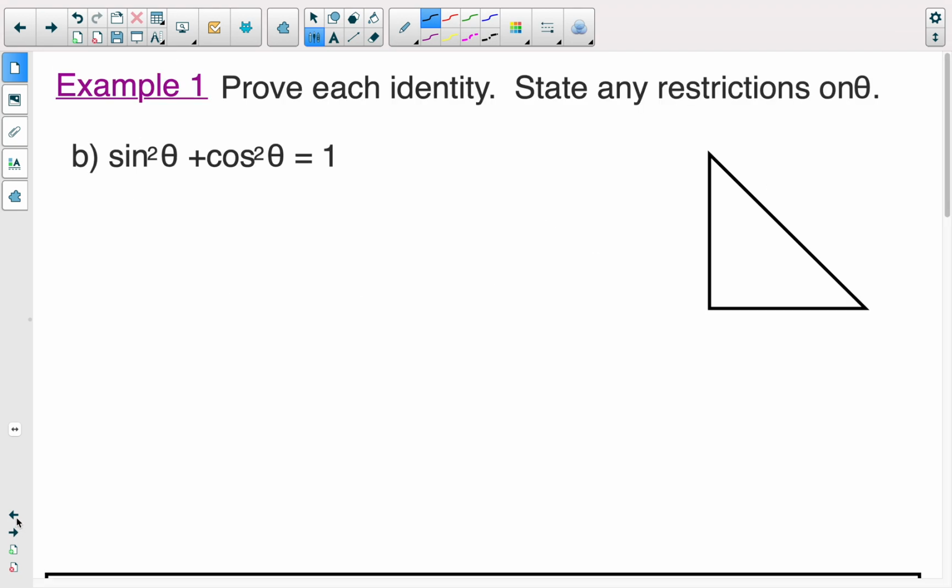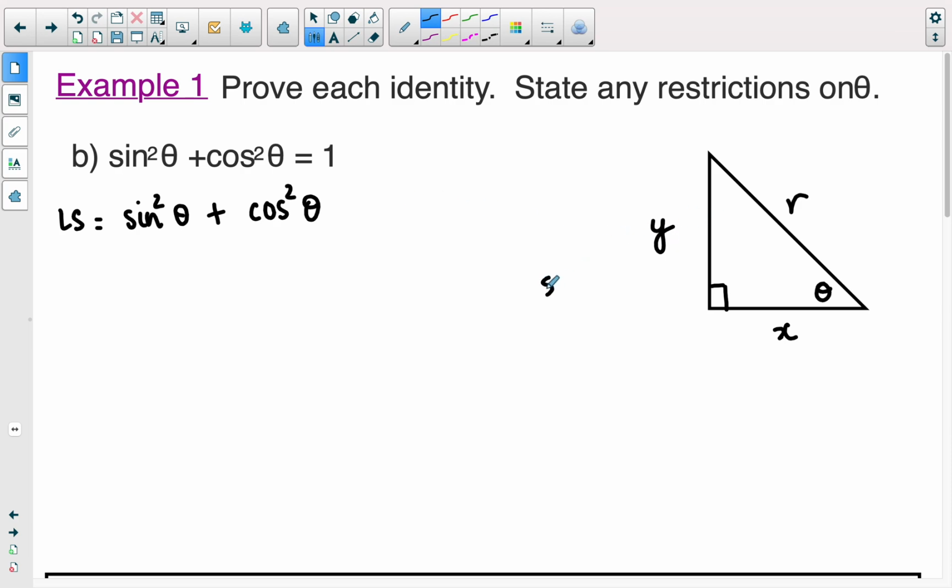Next proof we're going to look at is to prove that this identity is true: sine squared theta plus cos squared theta equals 1. Again, we're going to start with a right triangle. Let's say this angle here is theta, this is y, this is x, this is r. The left side is sine squared theta plus cos squared theta.